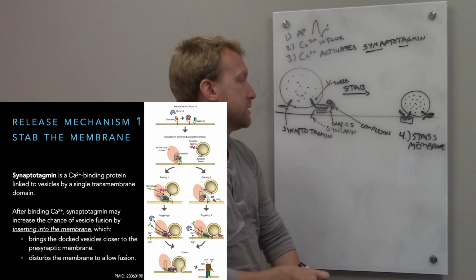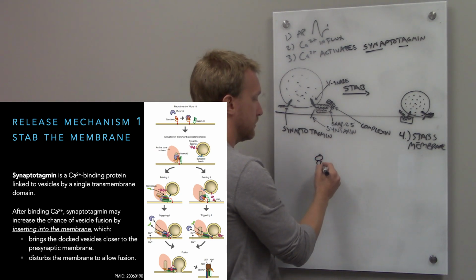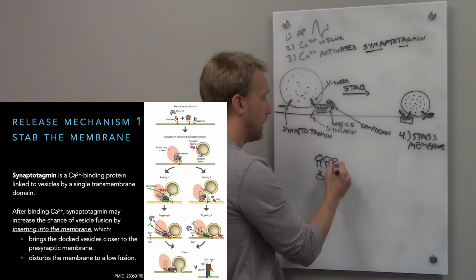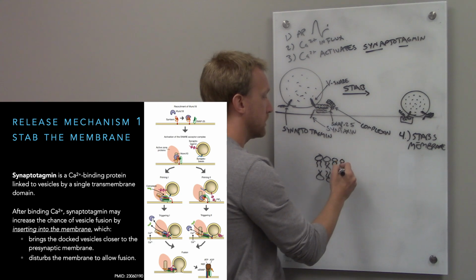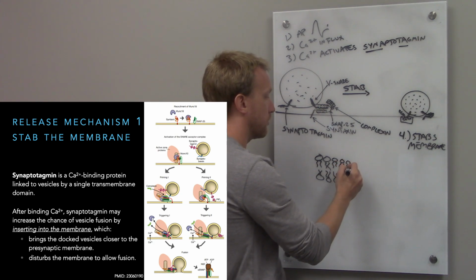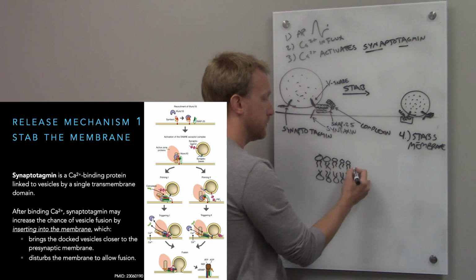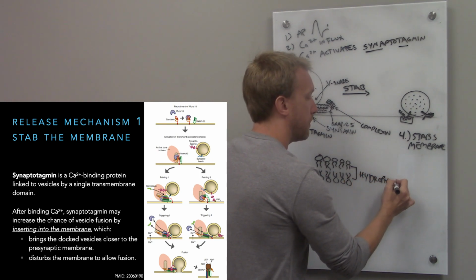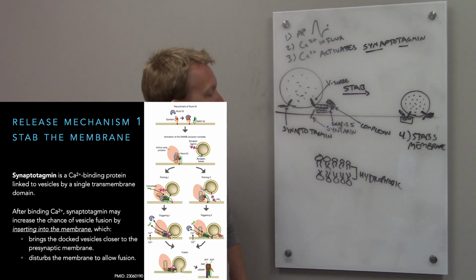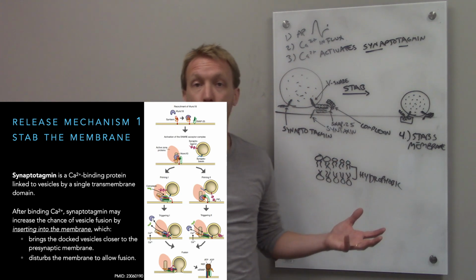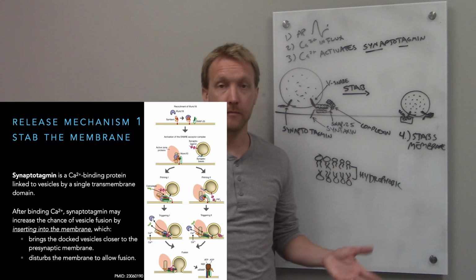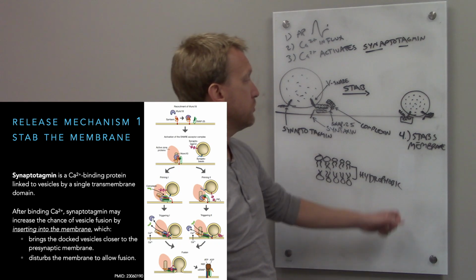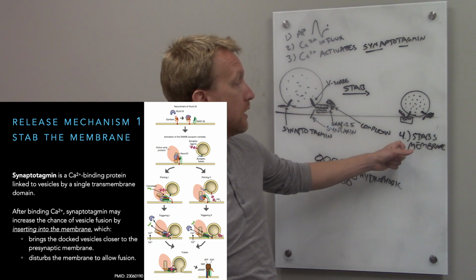So the membrane is incredibly stable because there's a lipid bilayer. It has a hydrophobic core that we cannot expose to water unless we dump a bunch of energy in to break apart the membrane. That's why it's a lipid bilayer. So if we're going to fuse two lipid bilayers together, we've got to break the bilayer apart, and that is not thermodynamically favorable. So what we do is stab the membrane and weaken it.